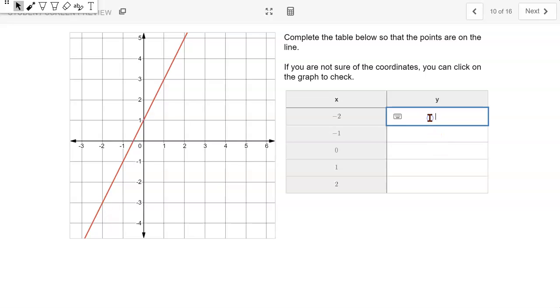So you can just type here -3 and you will see the point on the graph. Let's say 1. For 1, you can click here, that is 3. So you type 3, see that point is on the graph. So complete this table.